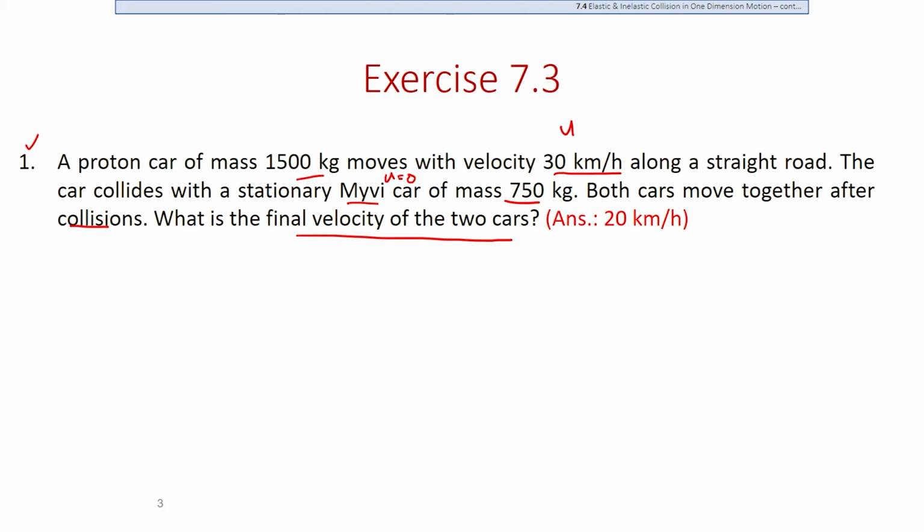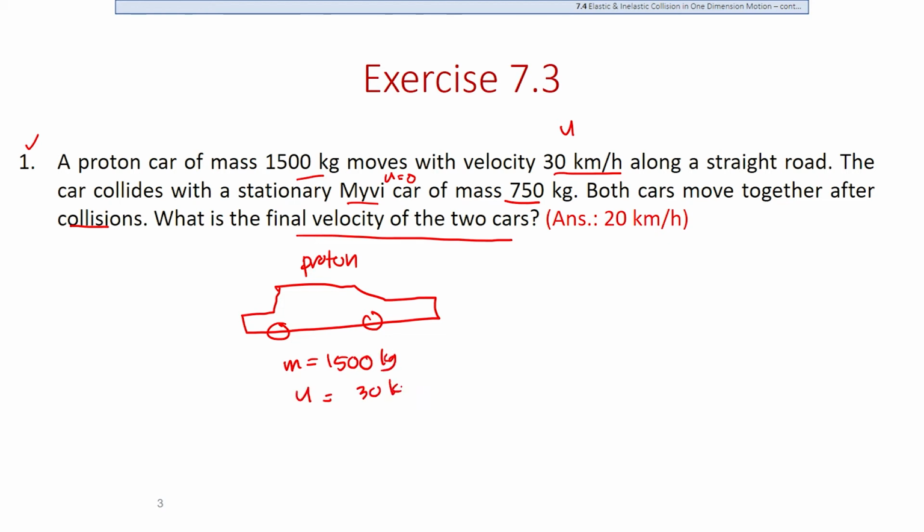Okay, you have to figure out the information given. So the first car is a Proton car, with mass equals 1500 kg, u equals 30 km per hour, which collides with a second car, the MyVi, with mass equals 750 kg, and its speed is stationary.